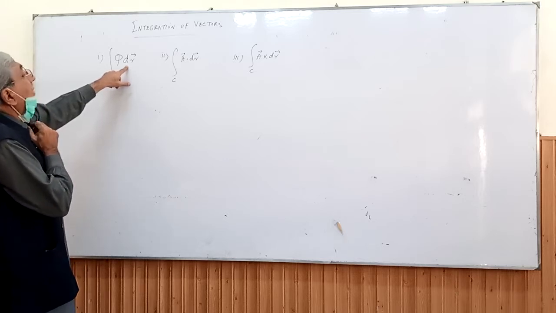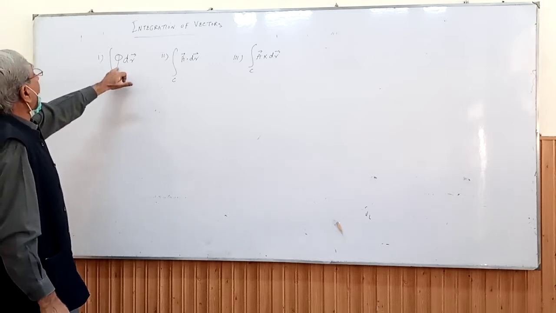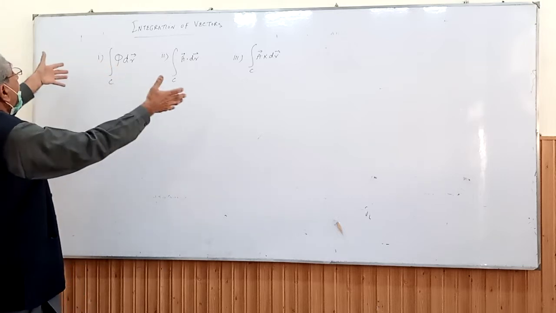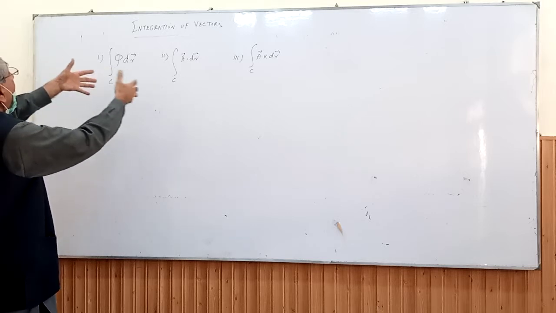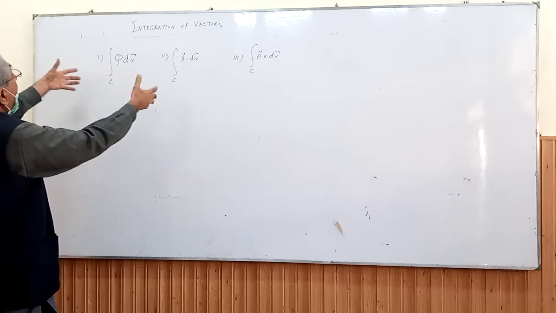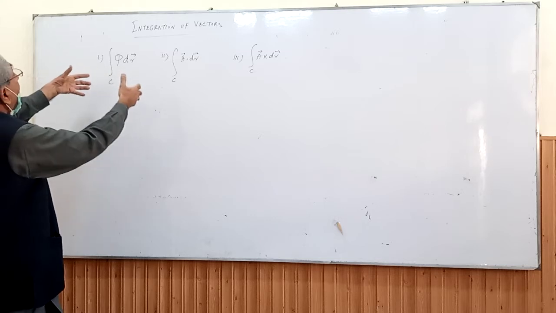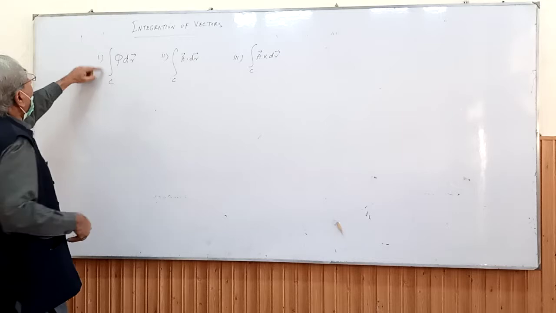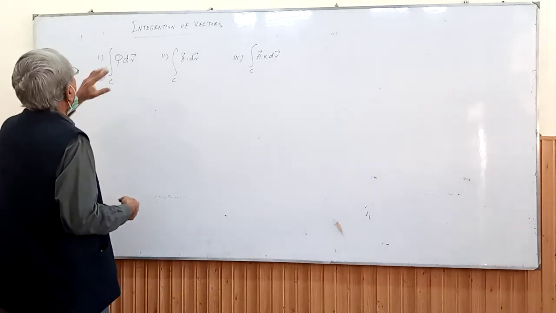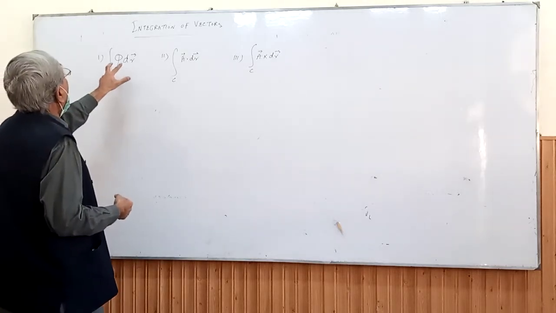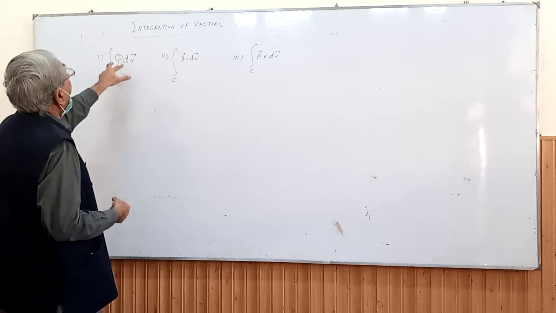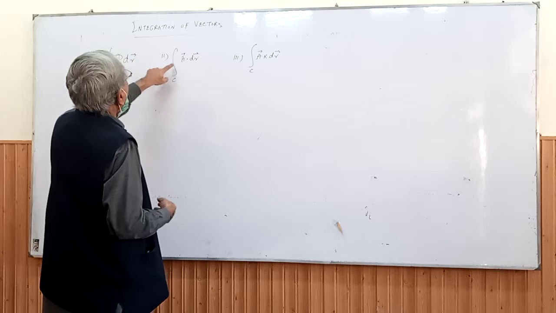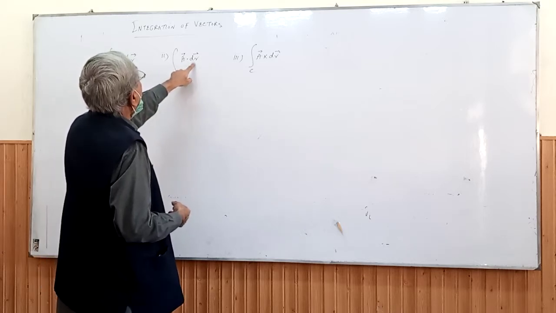Your answer will be a vector, because scalar multiplied by vector, and integration means just putting things together, summing them up, and when you sum various smaller vectors you will get a big vector. So this is a vector quantity. This is the integration of a scalar over a vector path.